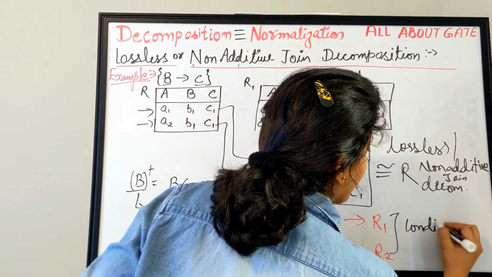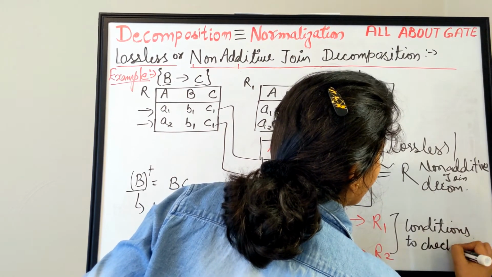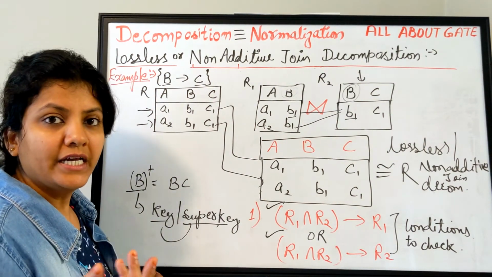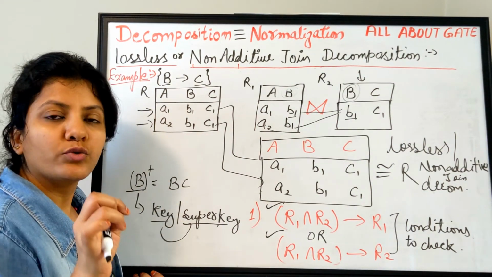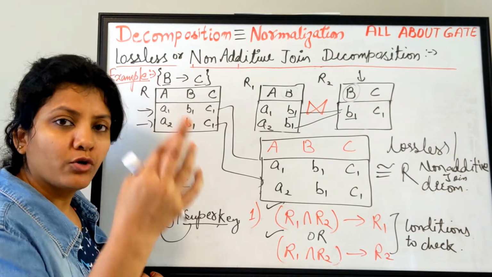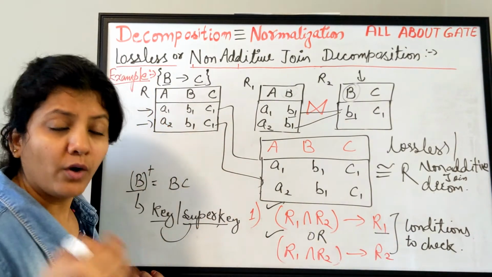So these are the conditions to check. Whenever you are given a relation R and its respective decomposed set, take the two relations, find out the common attribute, and take its closure. How do you find out that it is determining this? By finding out its closure.